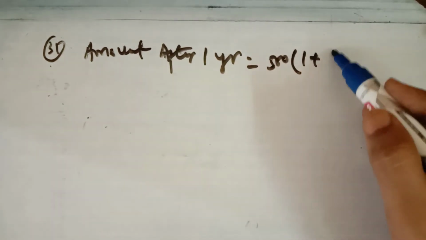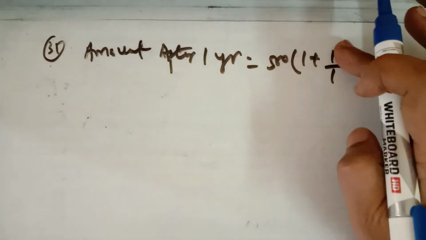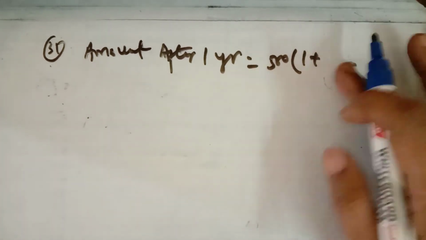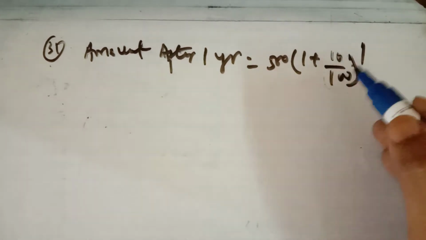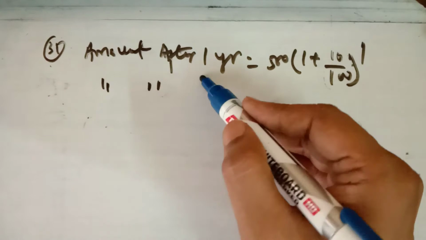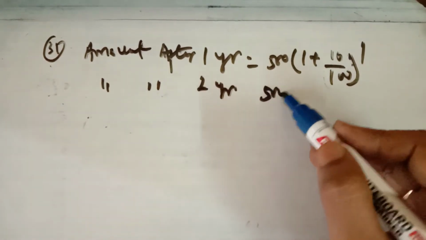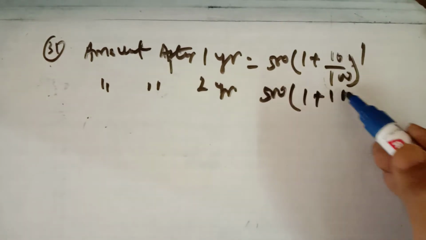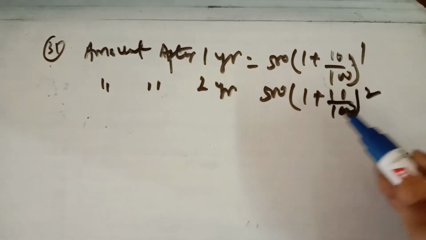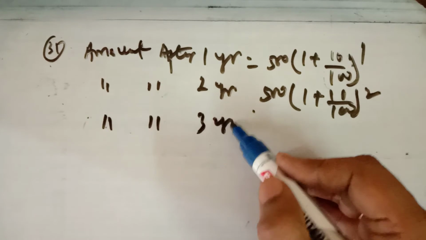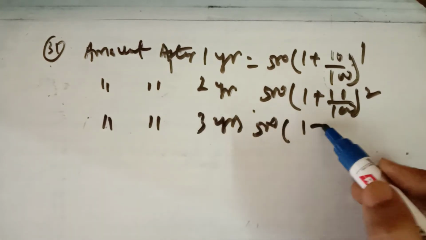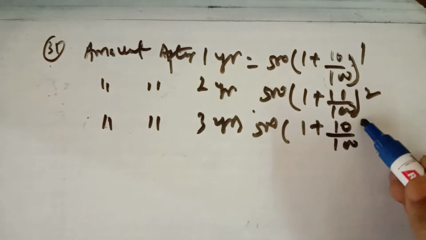P(1 + R/100) to the power 1, where R is 10%. After one year the amount becomes this. Similarly, the amount after 2 years will be 500(1 + R/100) to the power 2, and so on. The amount after 3 years will be 500 into (1 + 10/100) to the power 3.